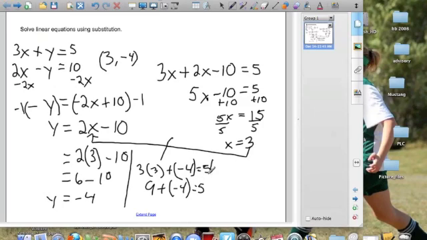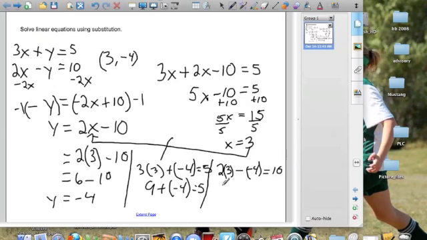Now let's check the second equation. Second equation, we have 2x minus y, so we're going to go 2 times 3, which is going to get us 6. We have minus a negative 4, so that's going to make it a plus 4, is equal to 10.